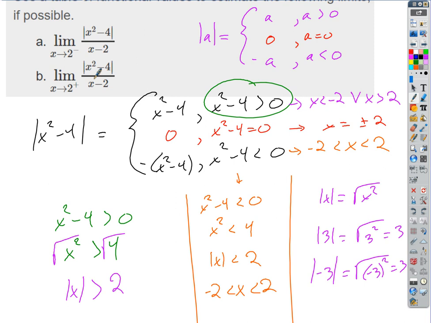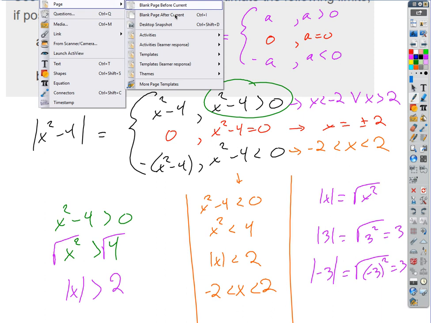So could we rewrite this whole function as a piecewise function? Sure we could. So let's summarize. We said this. Right?